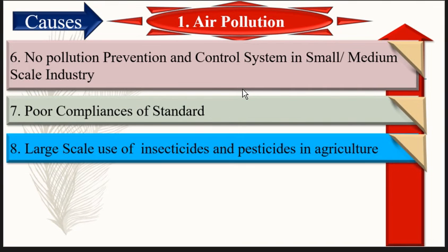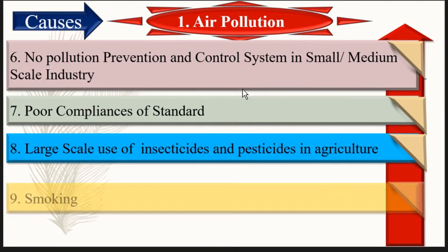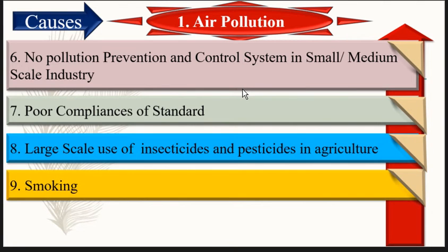Next comes large scale use of insecticides and pesticides in agriculture. Friends, the large scale use of insecticides and pesticides in the agriculture field during the last 5 decades has resulted in air pollution in rural India. Next comes smoking. This is also one of the important causes of air pollution.